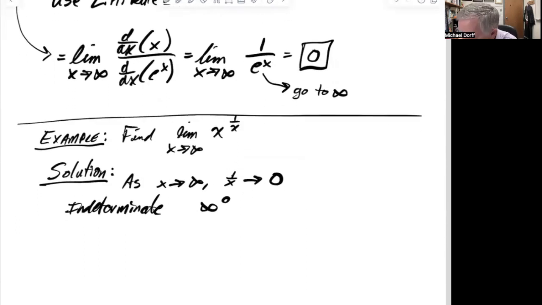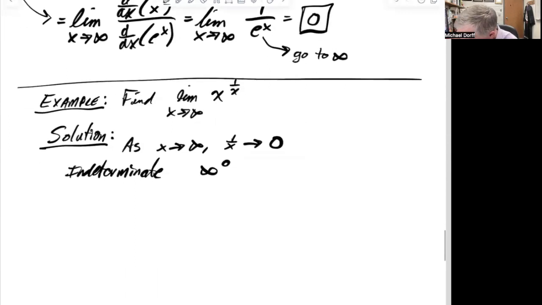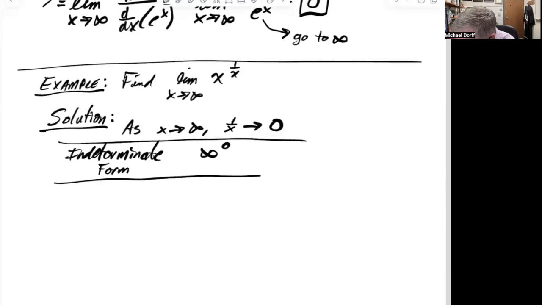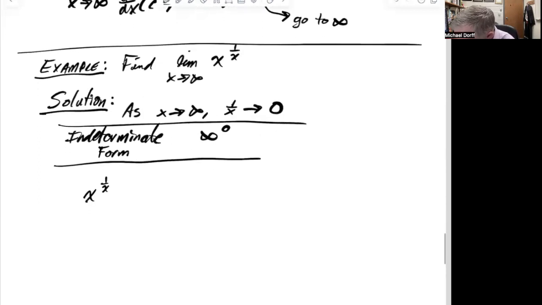So let's just look at that indeterminate form a little bit. I think it's easy to not understand what's happening with that one. So just suppose we have this here. Again, we're looking at x to the 1 over x. So we're going to do something like x values and then x to the 1 over x values.